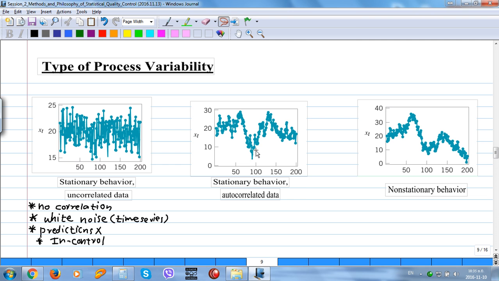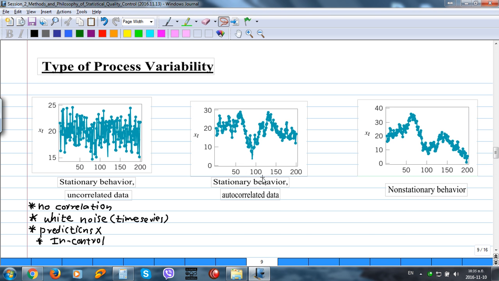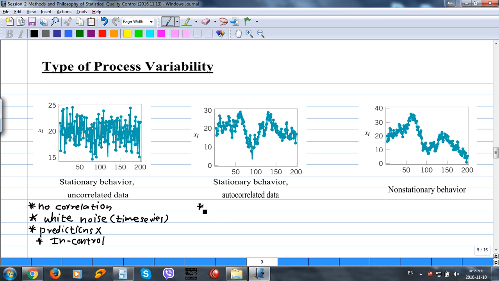Then this one is also stationary, meaning it does not change with time, but it is autocorrelated data. So there is a correlation between the other terms. These data points, the observations, are dependent.